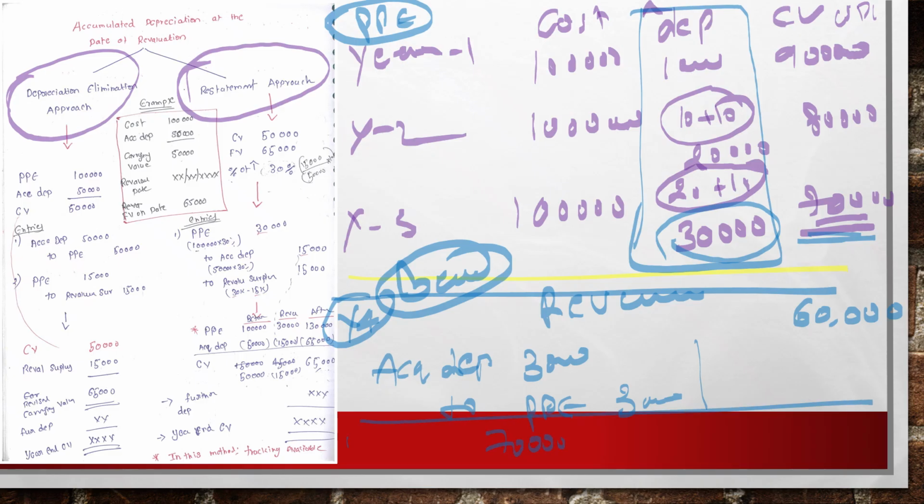At the revaluation time, the accumulated depreciation would be zero, and the carrying value is 70,000. Now it decreased to 60,000. If that decreases to 60,000, what should you do?